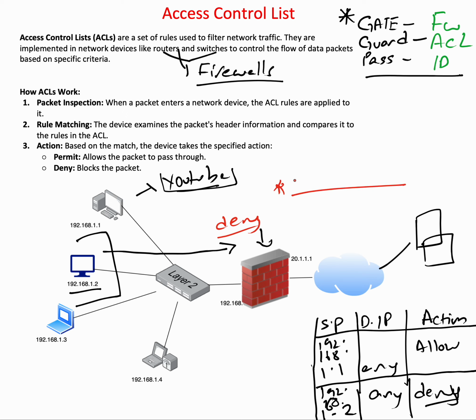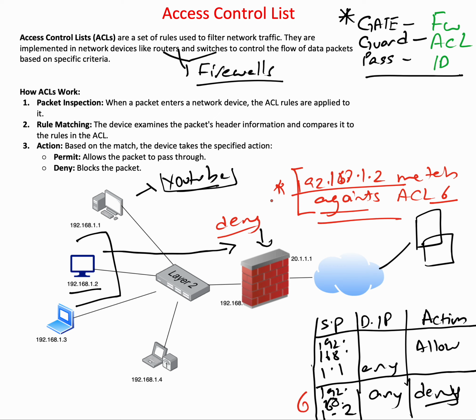Logging says that traffic from 192.168.1.2 matched against ACL 6, if this is 6 for example, and it is dropped. Got it? Simple funda, not too much. ACL is pure logical. If you're up for logic, then ACL is not that difficult to understand.